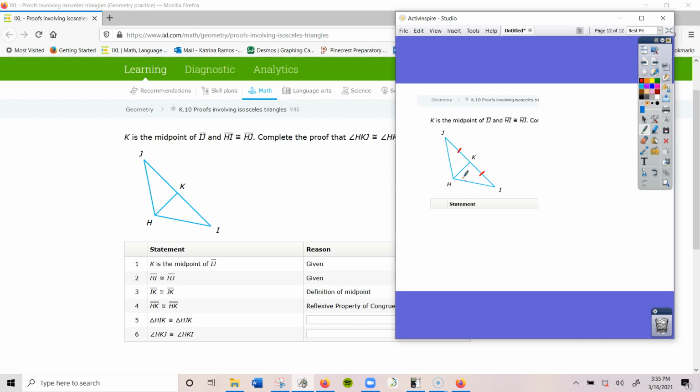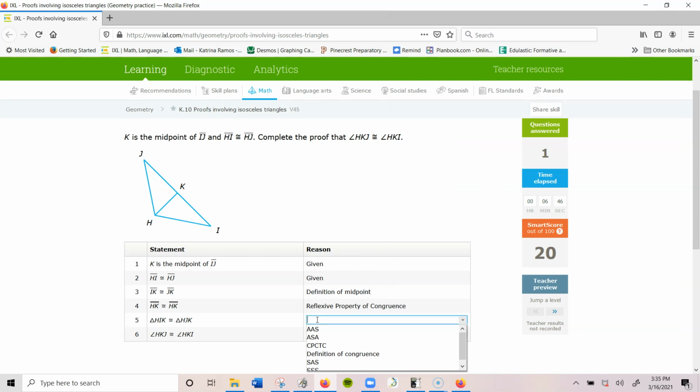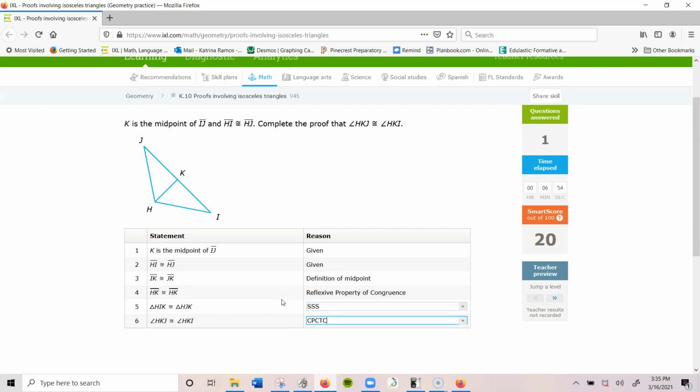HI is congruent to HJ, and that's a given statement. HK is congruent to HK because of the reflexive property. So what we have here are 3 congruent sides for each. So this is SSS, side, side, side. And again, I've proven my triangles are congruent, therefore their corresponding parts are congruent.